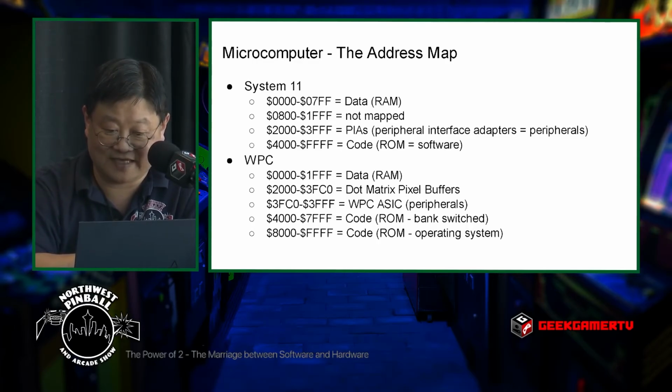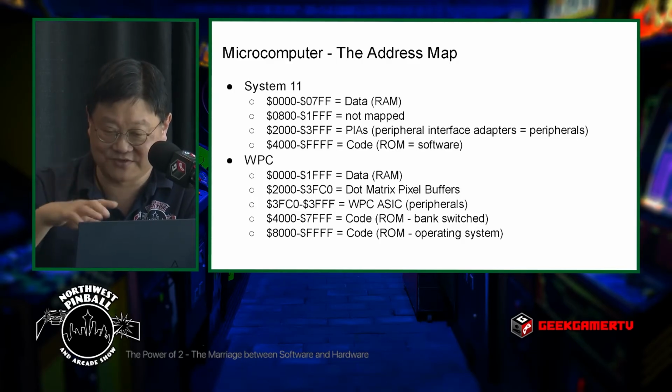The first 2000, 8K, is SRAM. It's a 6264 chip, which is 64 kilobits or 8 kilobytes. The 2000 to 3FC0 range is dot matrix pixel buffers. I'm guessing in the early days of WPC, that was just unused because they had alphanumeric displays like you see in Funhouse.